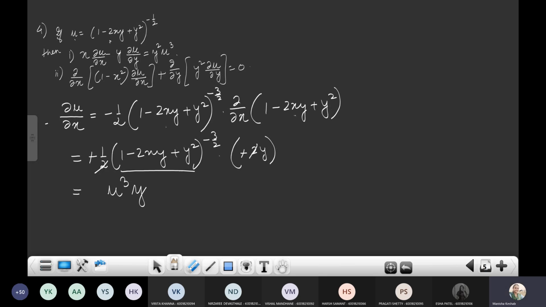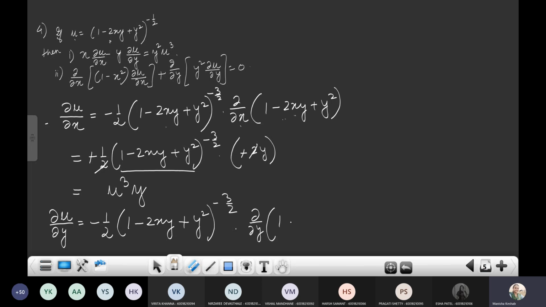Okay. Now let us find out del u del y. So same way, minus half into 1 minus 2xy plus y squared raised to minus 3 by 2 into. Now this time we will be differentiating with respect to y.